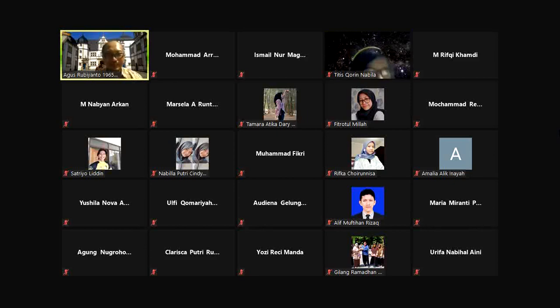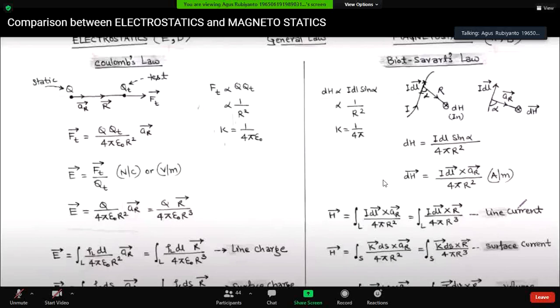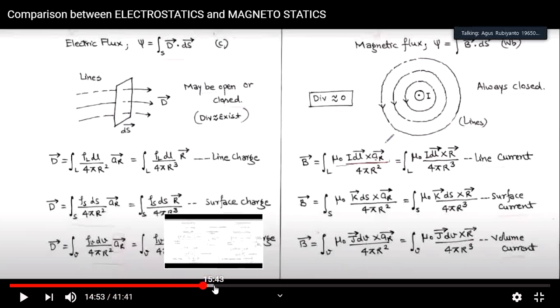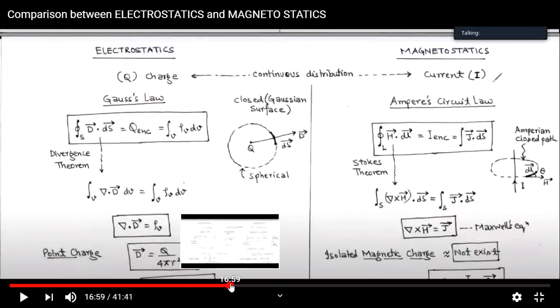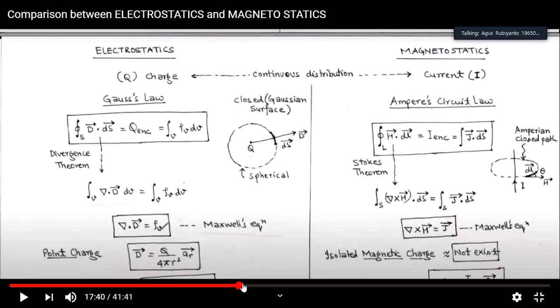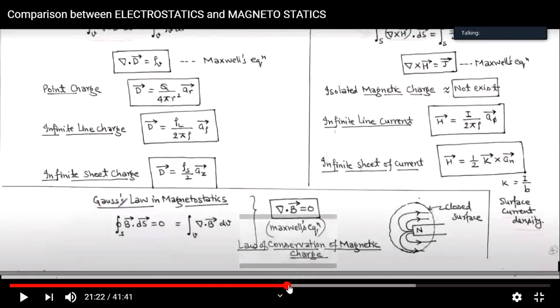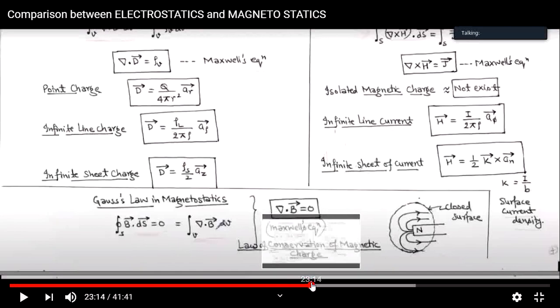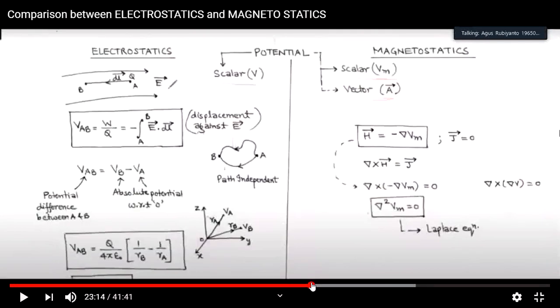Ini tadi sebentar saya tunjukkan lagi. Ini ada A, potensial, besaran skalar di sini potensial, dan vektor magnetik A itu.